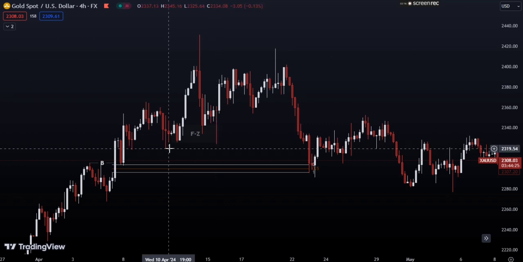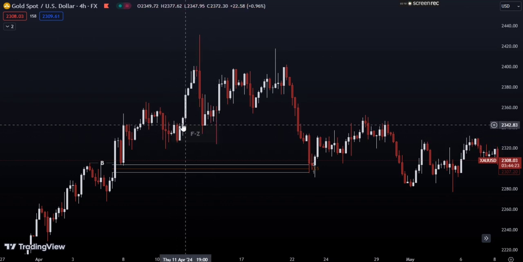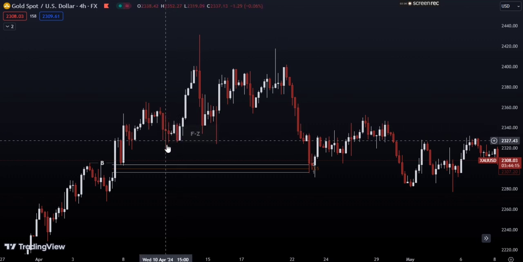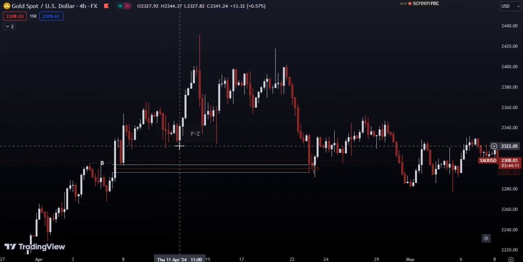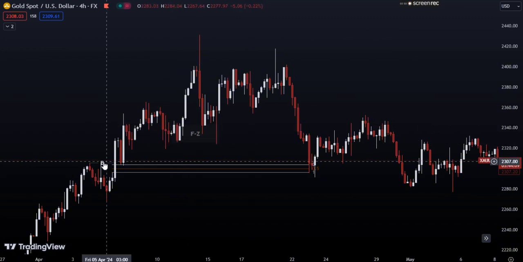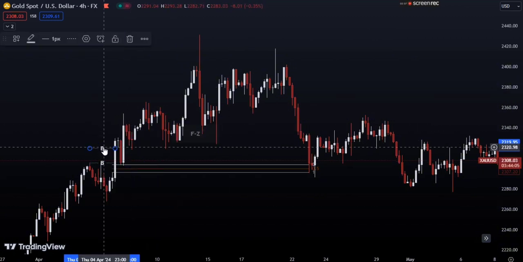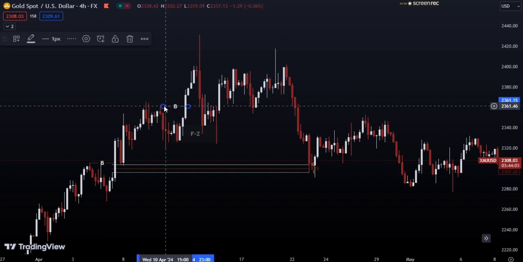It never took out that, but there is this violation of a demand zone, more like a continuation demand zone, which I might consider as a continuation demand zone, and this as a reversal demand zone, right? Whole of this. Good. So what I'm going to do here, I'm going to be doing this.